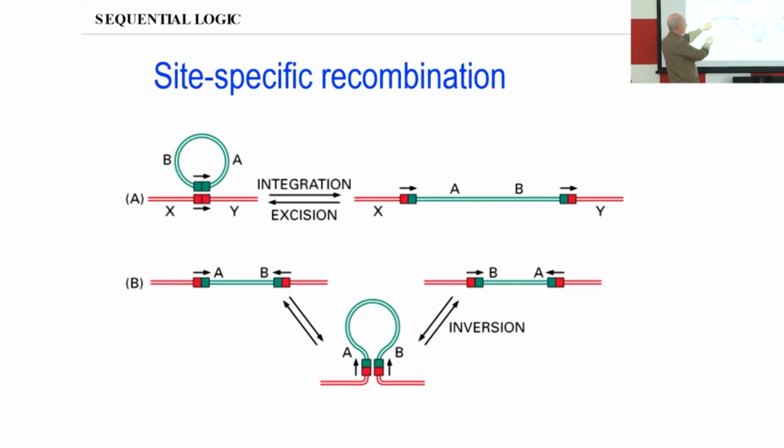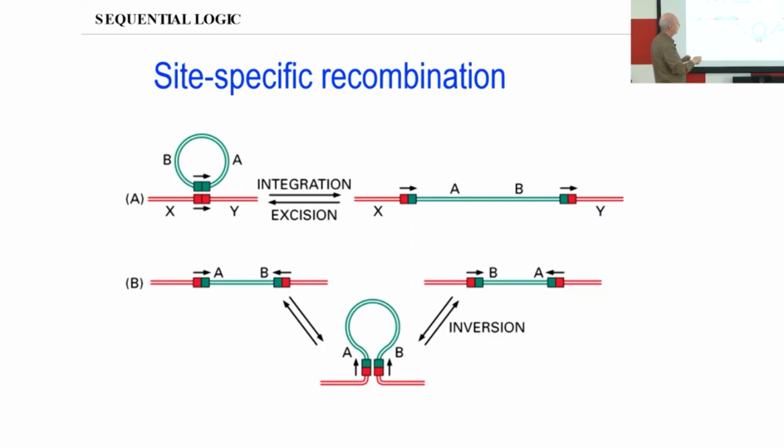So you may start with the situation, and these are the sequences that are recognized by the site-specific recombinase, and then because of the action of this recombinase, you may end up with a segment that is identical to what you had before, but turned around in terms of its relative orientation.